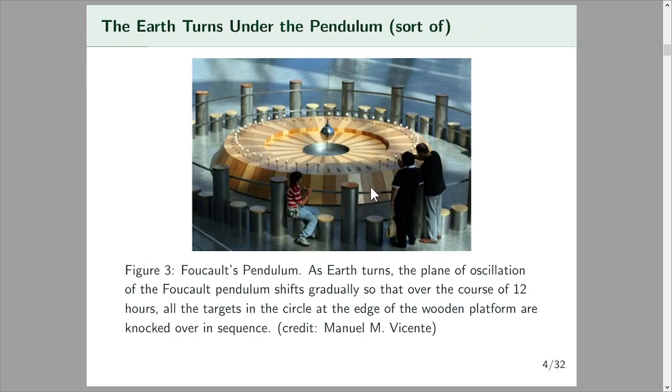You'll see these occasionally in museums. University of Oklahoma has one here in Oklahoma. This is called a Foucault pendulum. What's kind of interesting about it is that as it swings, the Earth kind of turns underneath it. This is the pendulum bob here, and you can kind of see a cable going up. It'll swing back and forth and knock over these pegs that you see going around the edges.